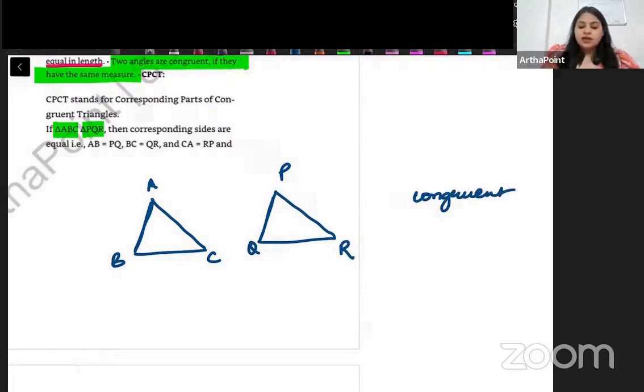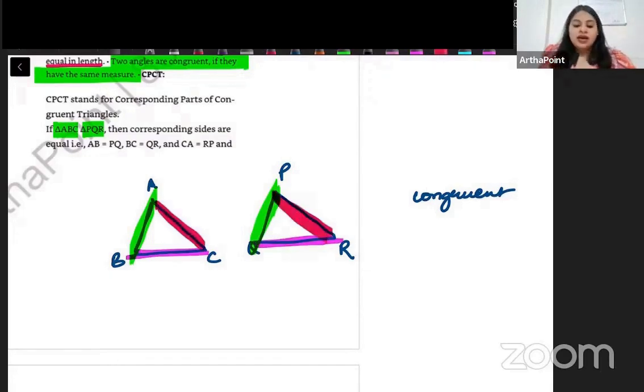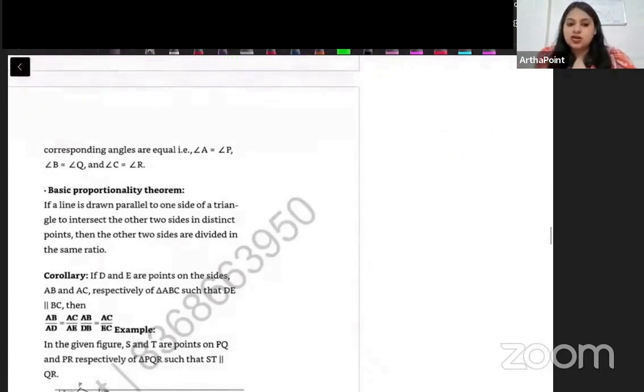Congruent will mean that AB should be equal to PQ, BC should be equal to QR, and CA should be equal to RP. These corresponding parts of the congruent triangles should be equal to each other.